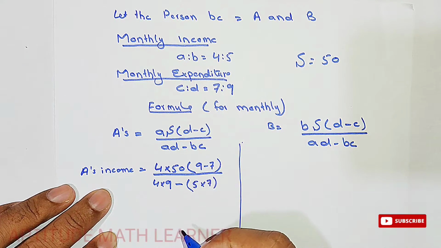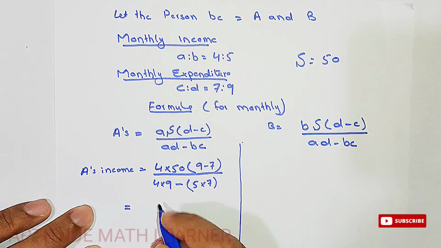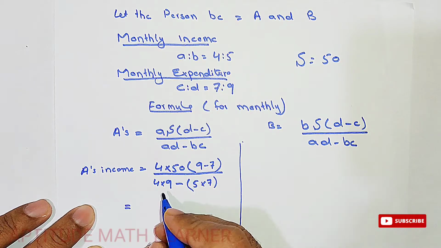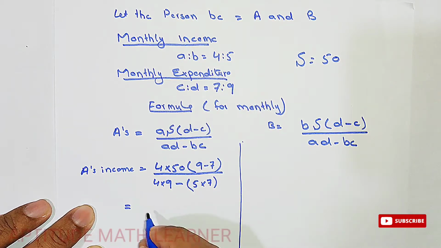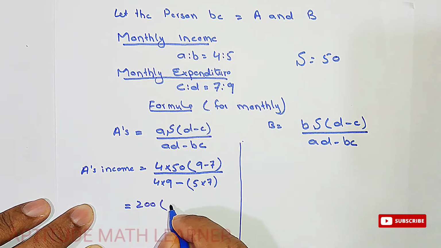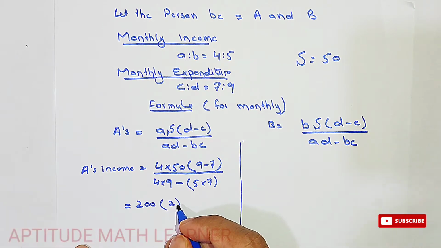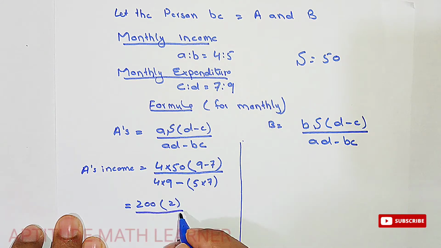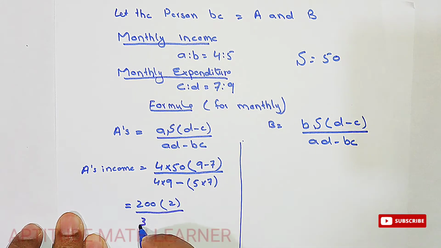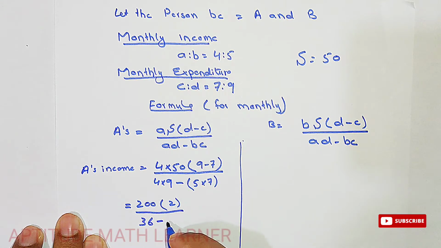So hope till here you have understood the question and method. Here 4 multiplied by 50 becomes 200, and D minus C becomes 2. Hope you have understood it till here. Then 4 multiplied by 9 is 36, minus 5 multiplied by 7, that is 35.